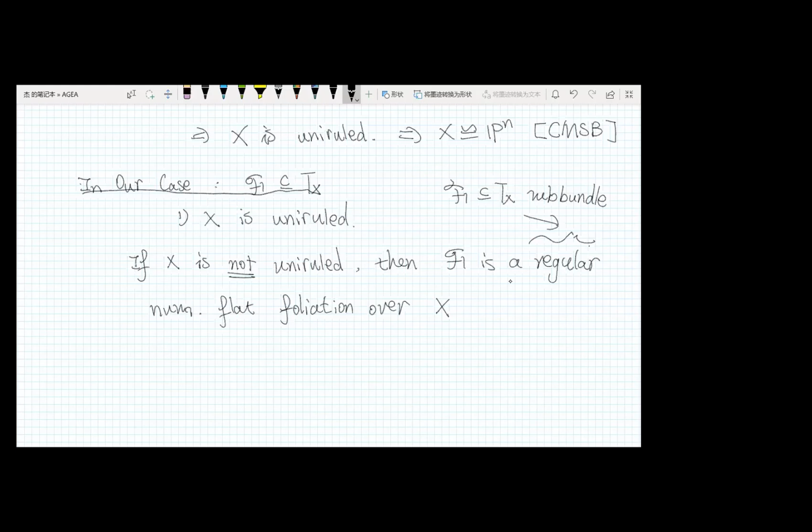Now this is done by the work of, for example, Höring and Peternell, by Druel's work, and in the paper of Campana and Păun, published in Inventiones in 2018.